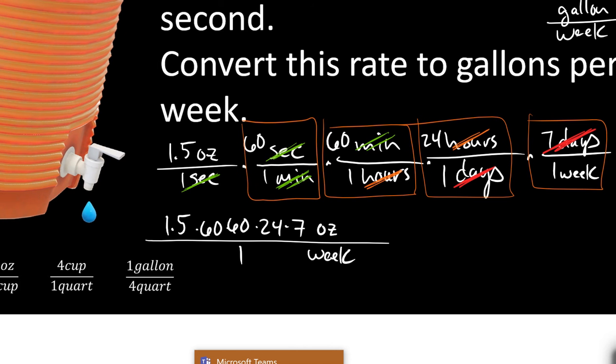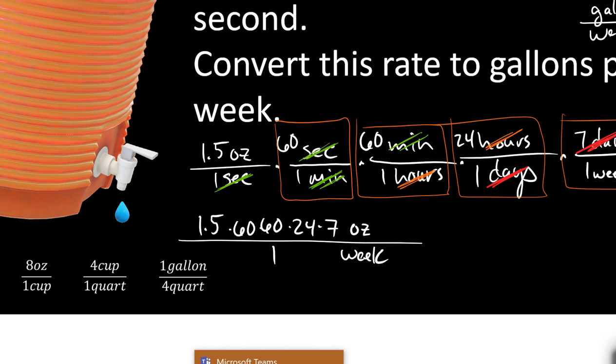And I want to end up with gallons. So again, these are some giant ones that I provided you with. As I look at these, I can see that I've got ounces in my numerator, so I want ounces in my denominator, OZ. And for this giant one, 8 ounces is the same as a cup, I'm just going to take the reciprocal of that. So I'm going to add here 8 ounces is the same thing as 1 cup.